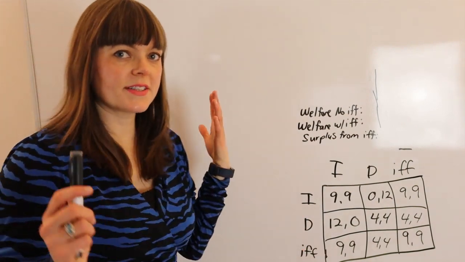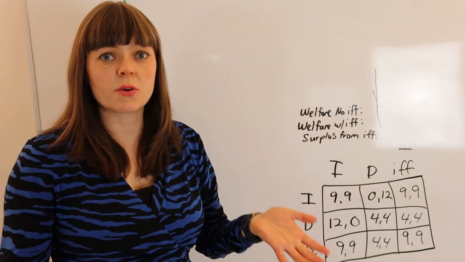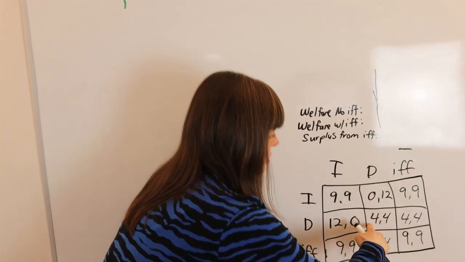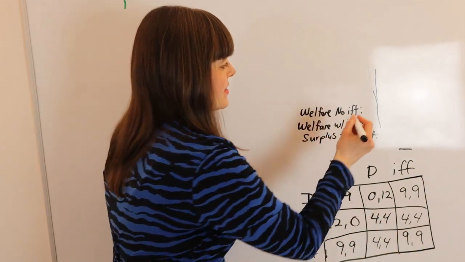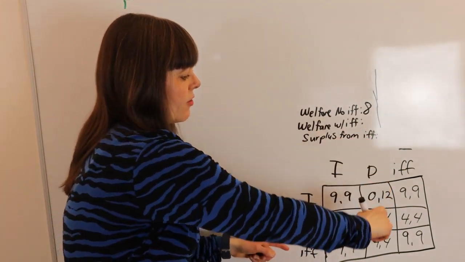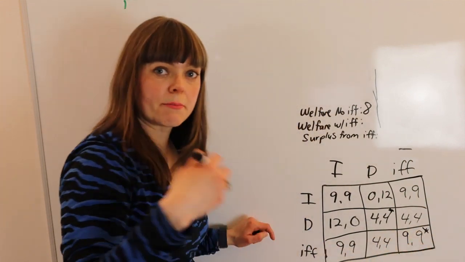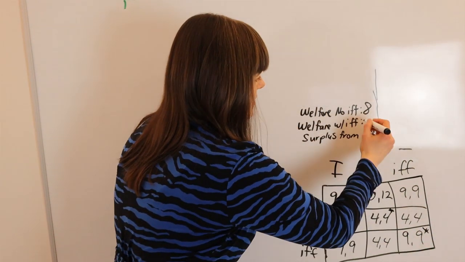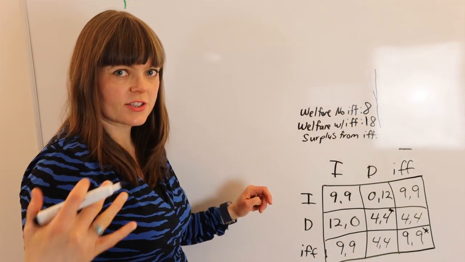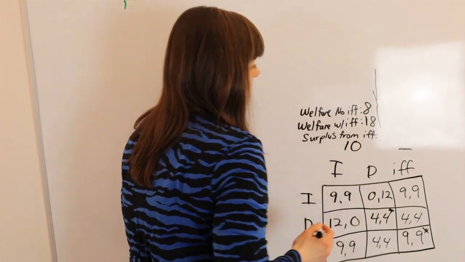So if we want to know what's the surplus from the existence of the if and only if contract, we look at what's the equilibrium without the if and only if option, in which case the Nash equilibrium is 4 plus 4, it's 8. When we have the if and only if outcome, we have a second, better Nash equilibrium, which is 9 and 9, so the total welfare in that case is 18, in which case the surplus from the existence of the if and only if contract is 10.